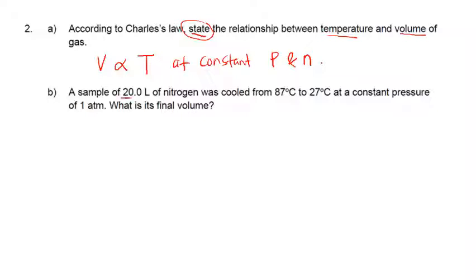A sample of 20 liters of nitrogen gas was cooled from 87 to 27 degrees Celsius. So this is T1 and this is T2 at constant pressure of 1 atm, similar to the definition of Charles' law. So this is volume 1. Again, we need to apply Charles' law.